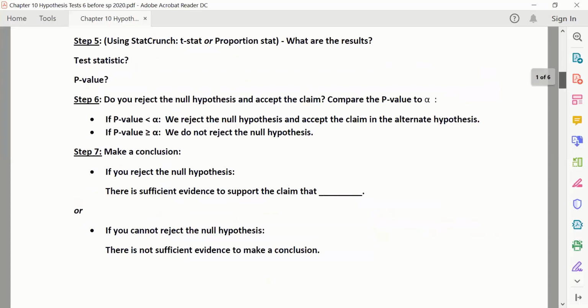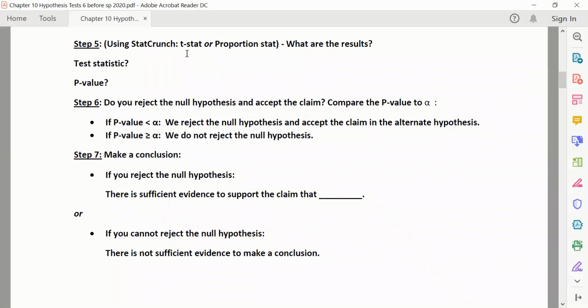So step 5, using StatCrunch, either T-stat or proportion stat, what are the results? So since it's a proportion, we're going to use proportion stat.